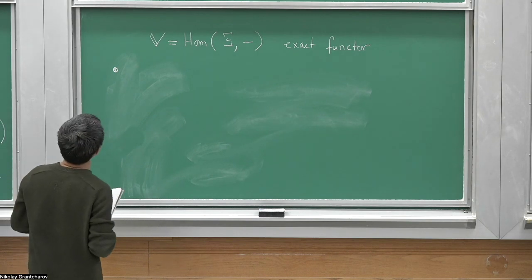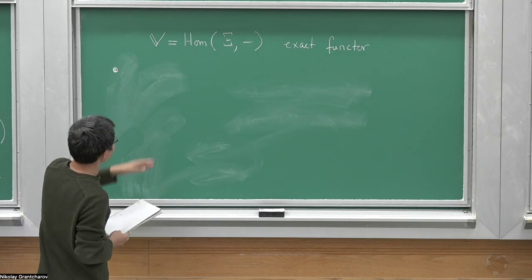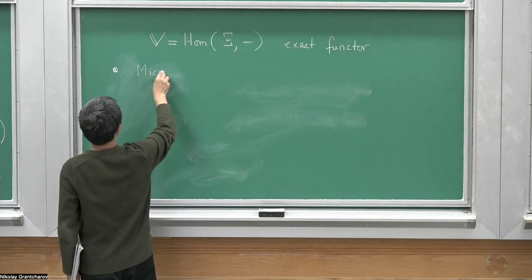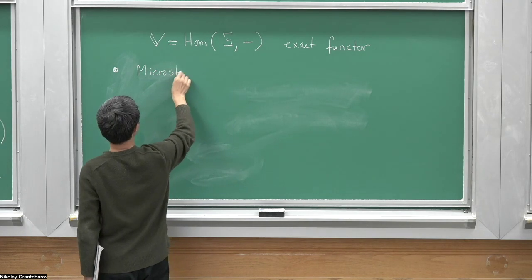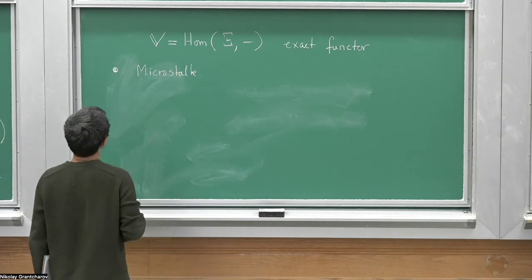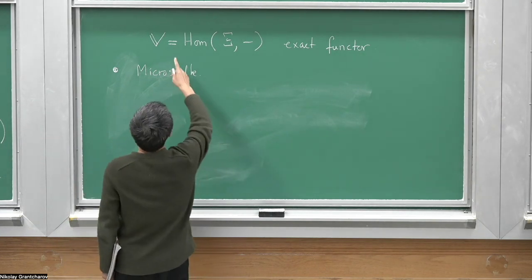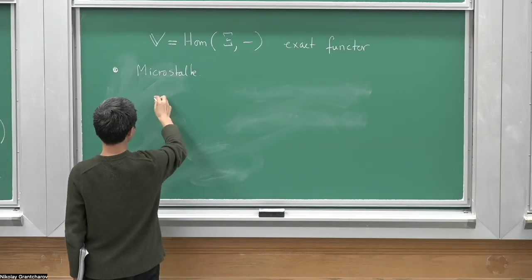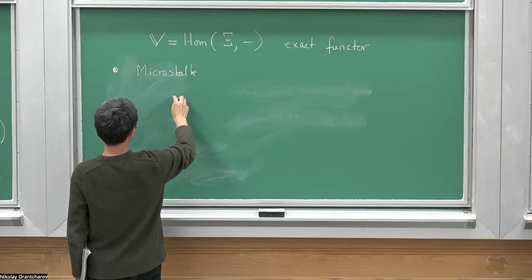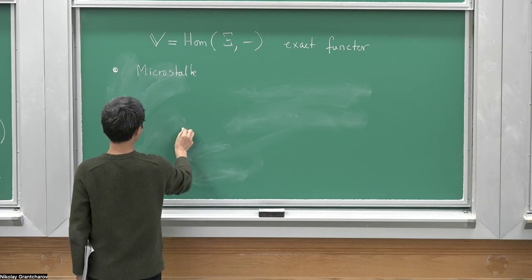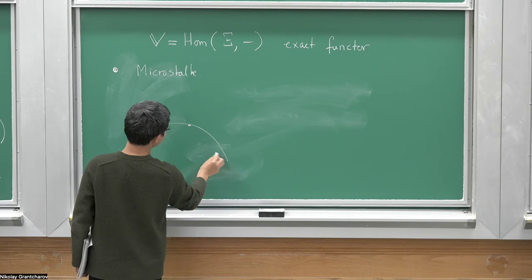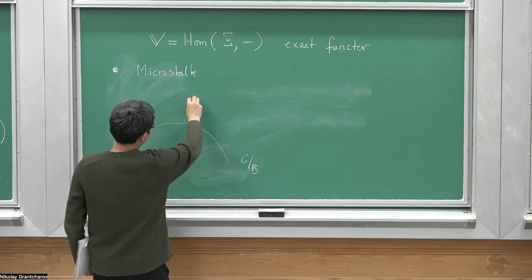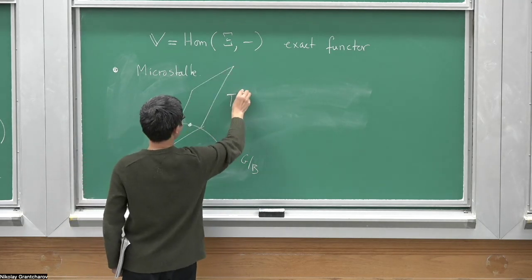Another description, from which it's also clear it will be an exact functor. This V can be interpreted as a microstalk functor. So for each stratum, in particular for this point stratum, so this is my flag manifold, point stratum here, and this is the cotangent.